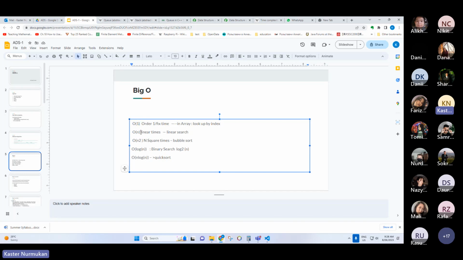What's linear time? It means it depends on the size of the data structure, which, for example, is increasing from small to bigger. For example, start from 10 megabytes to 1 terabyte and keep increasing.